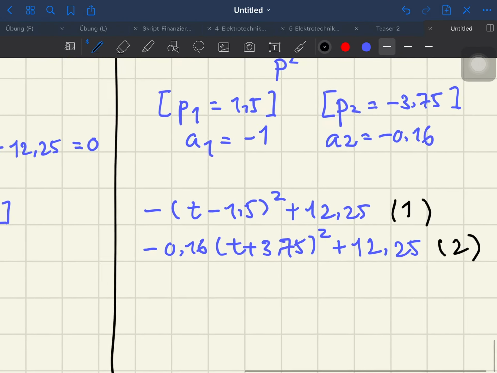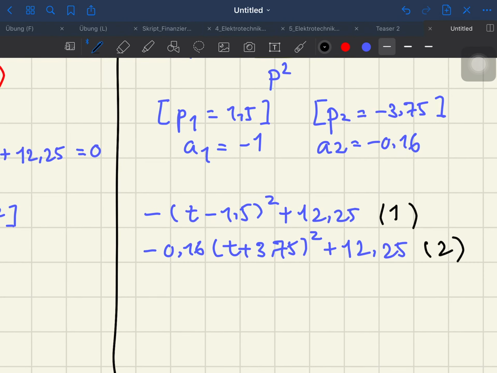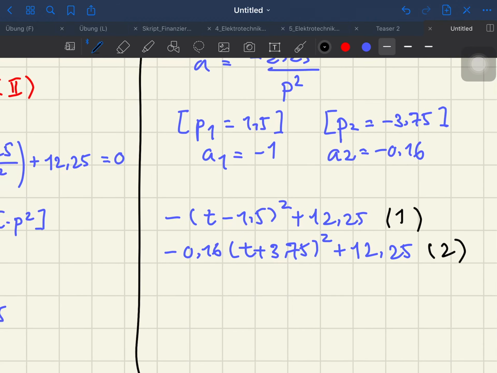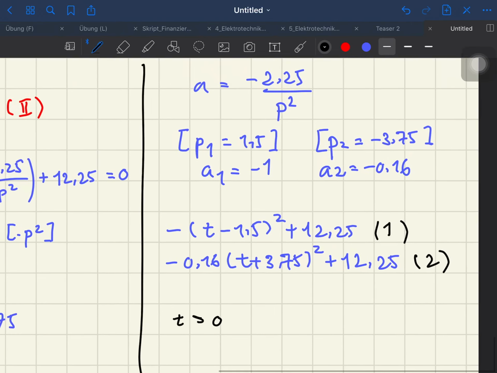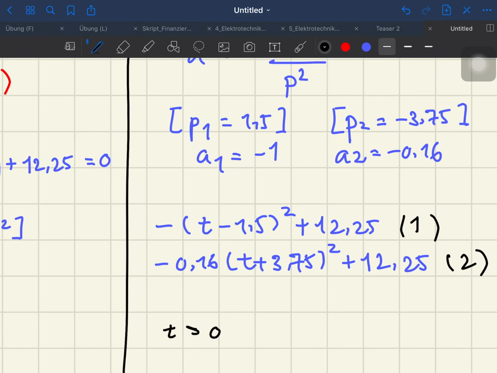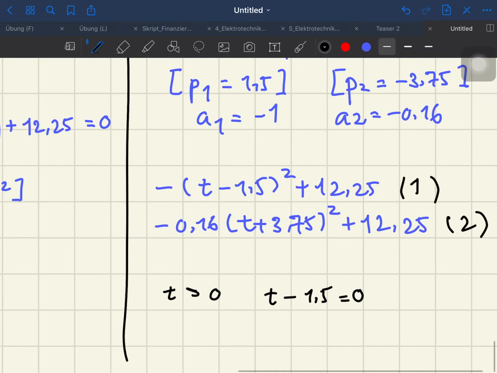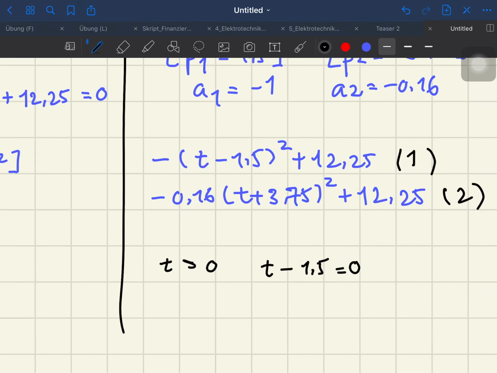Now how are we going to see the logic behind each of the equations? We know that t is time, so the range of time should be greater than 0. You can't have a negative time. In this case, if t minus 1.5 equals 0, you will have a maximum height obtained, which is 12.25.